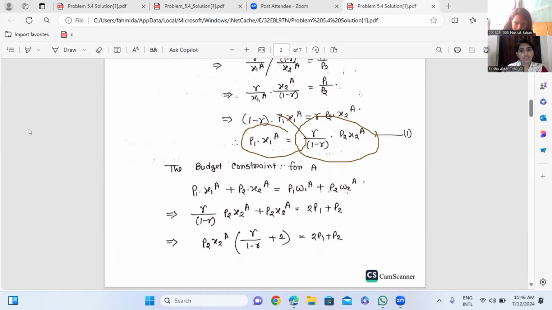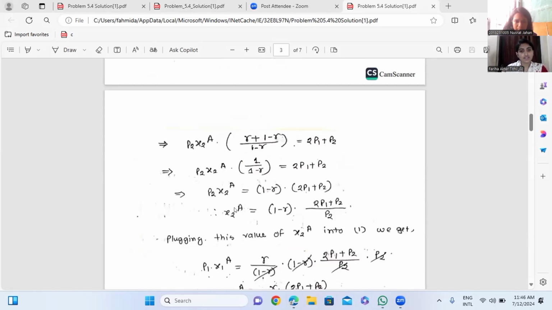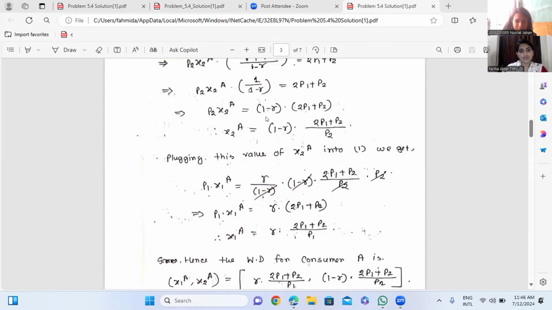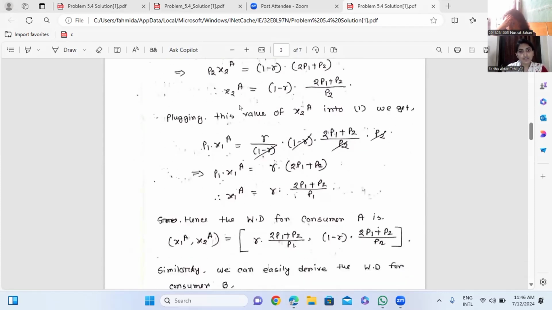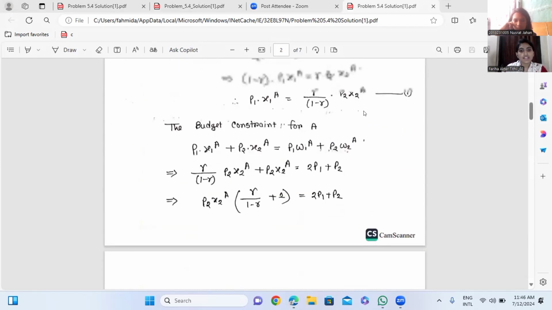After doing all the calculations here, we can find the value of X2A, that means the Walrasian demand for good 2 for consumer A. So this is our demand for good 2 for A. Then the value of X2A, we plug into equation 1 and get the value of X1A.